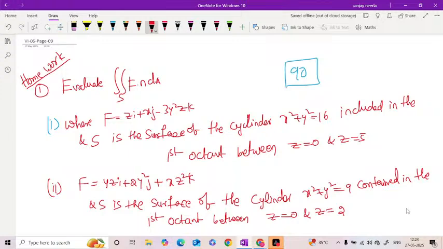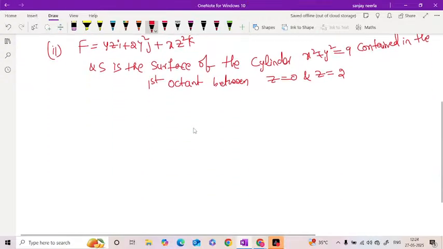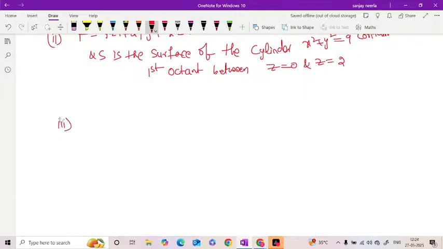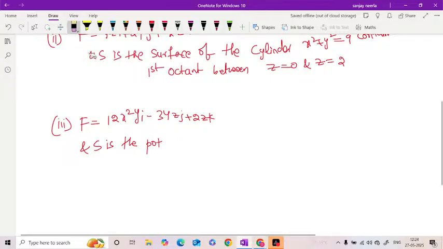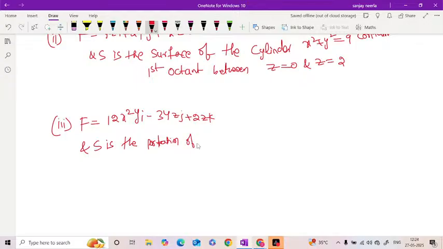Next, the third problem: f is equal to 12x square yi minus 3yzj plus 2zk, and S is the portion of the plane x plus y plus z is equal to 1, included in the first octant.